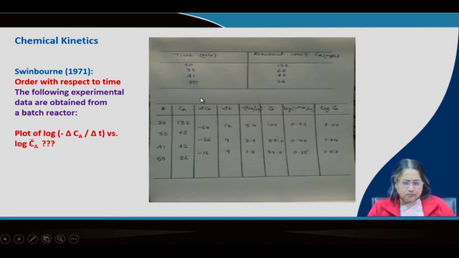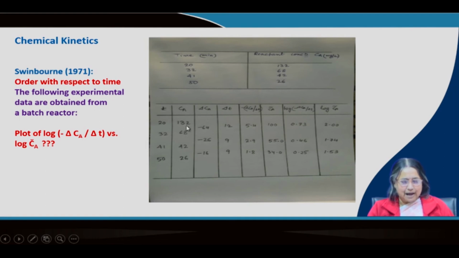Then you have to make a table to show the data. This is the time column; these are the times you get from here, and these are the CA values. So, what will delta CA be?